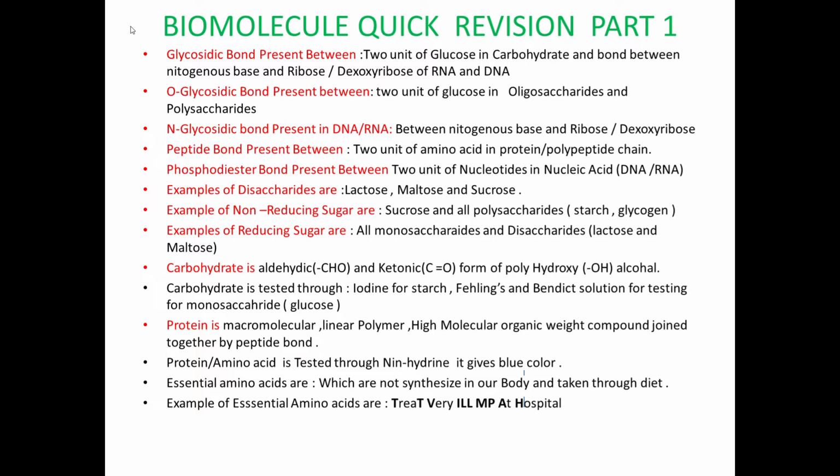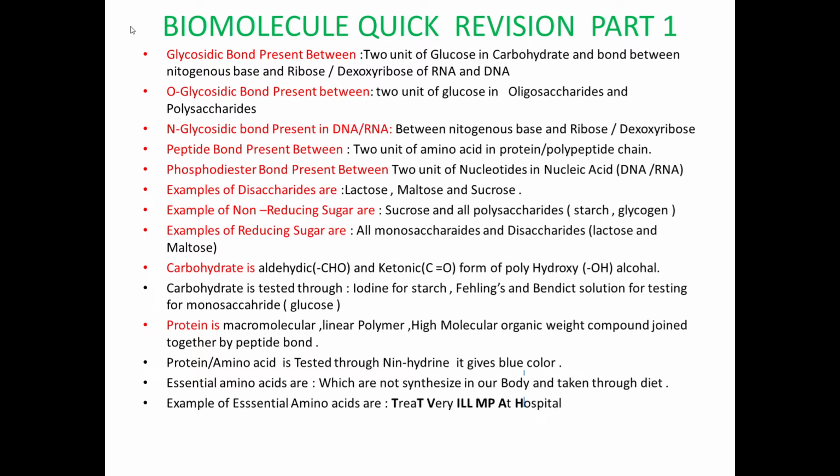One is the O-glycosidic bond, present between two units of glucose in oligosaccharides and polysaccharides. But in single stranded DNA or single stranded RNA, the N-glycosidic bond is present between nitrogenous base and ribose or deoxyribose sugar.